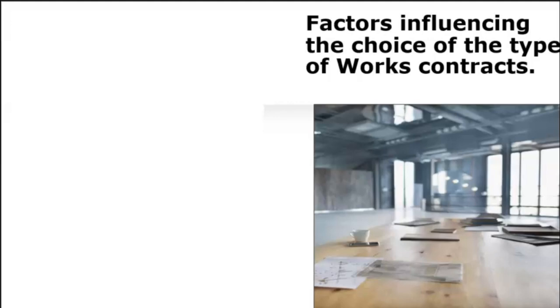The employer will choose the contract type at the stage of formulation of project strategy, taking into consideration factors like number one, the nature and complexity of the work. If the work is a simple job like a two-floor building, or it's a high-rise commercial building, will determine the type of contract that will be selected.